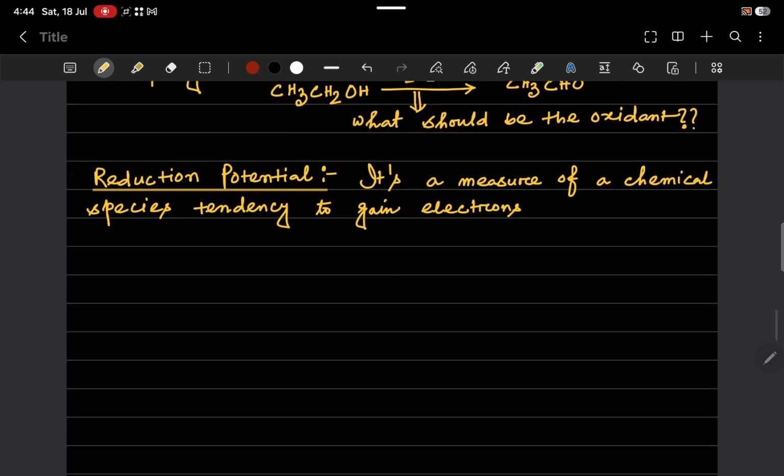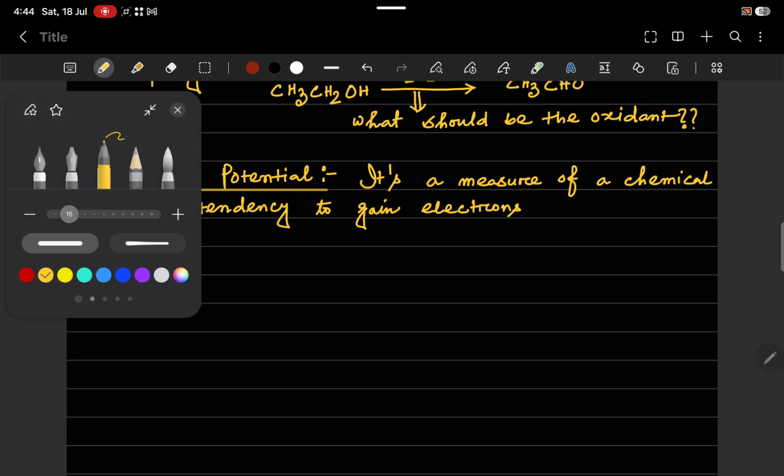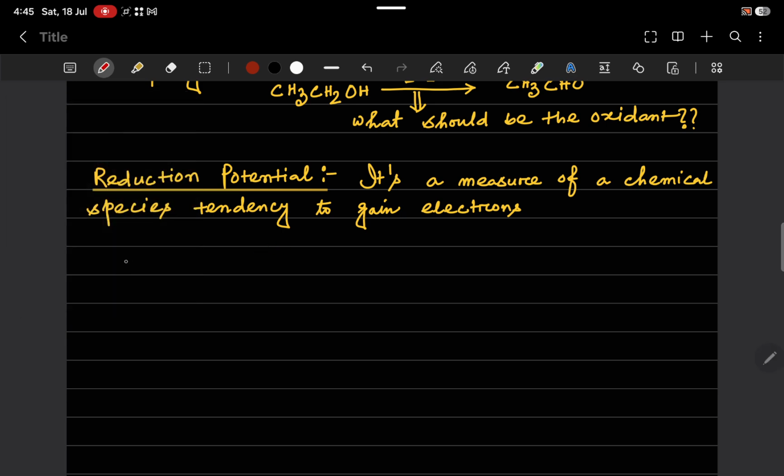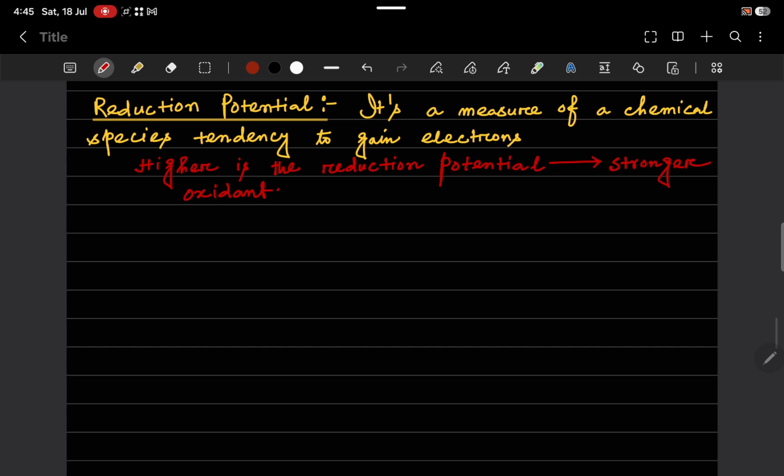From here we can draw a very important conclusion: the higher the reduction potential, the stronger the oxidant.